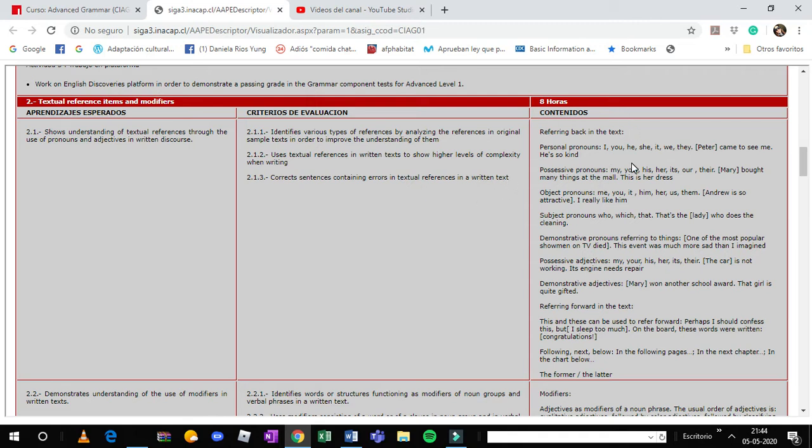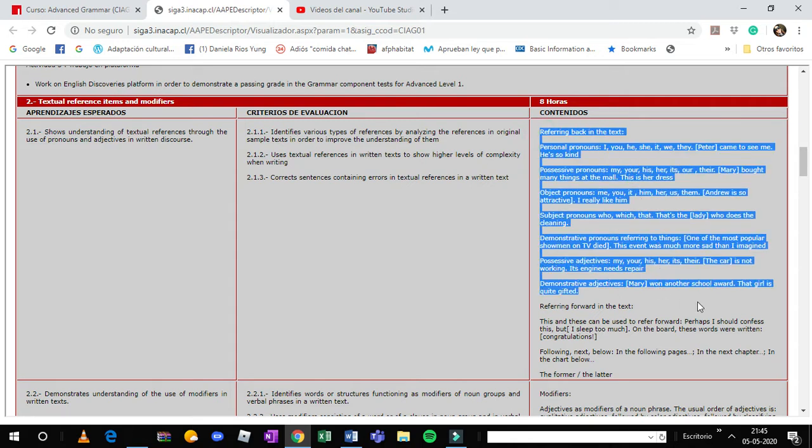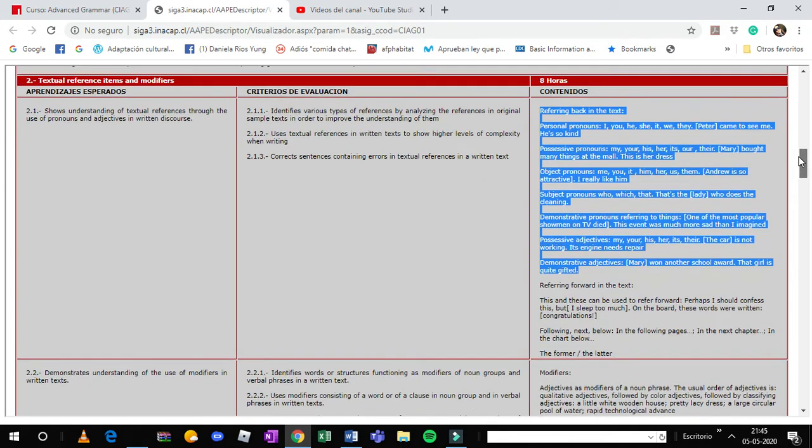So the idea here is to identify several groups of words that are used when we need to refer back in the text, and on the other hand, to refer to things, people, etc. forward in the text. Okay? In the case of referring back in the text, these are the first content that we are going to check today, at least, in this video.